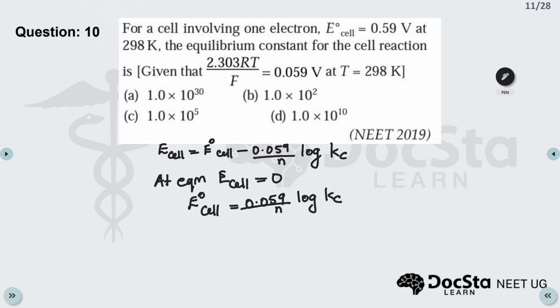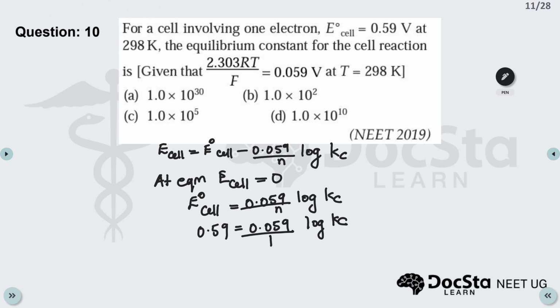Now, we know the 0.059, since only one electron is involved, you can substitute the value n as 1 into log Kc. Here the value of E0 cell is also given, that is 0.59. That is also provided in the question.